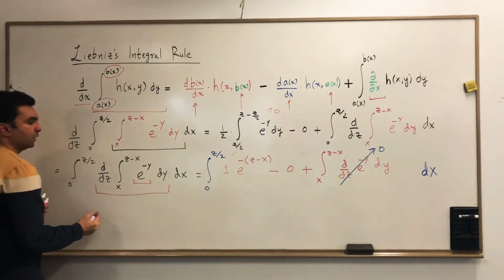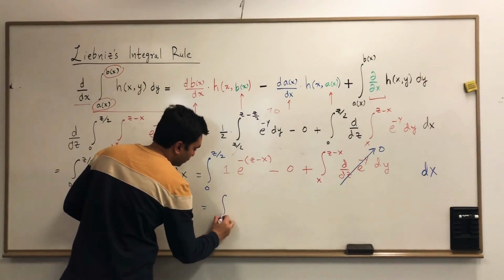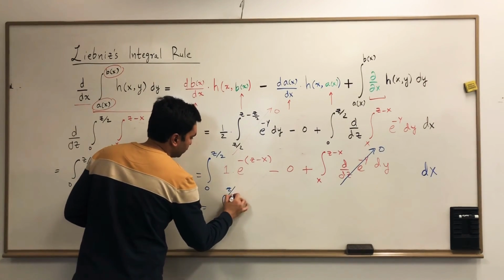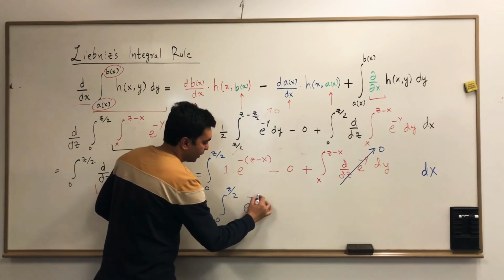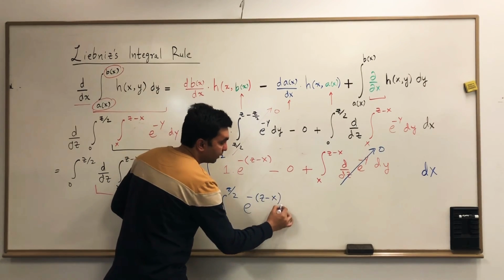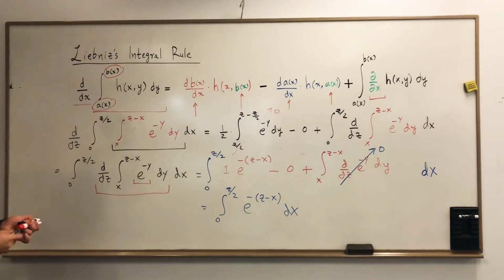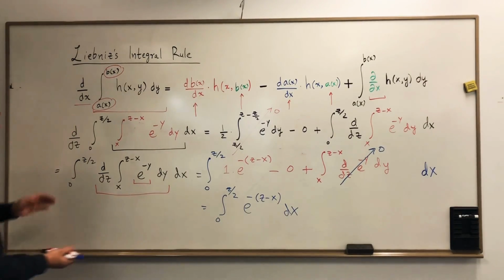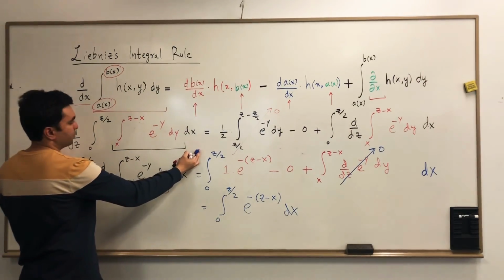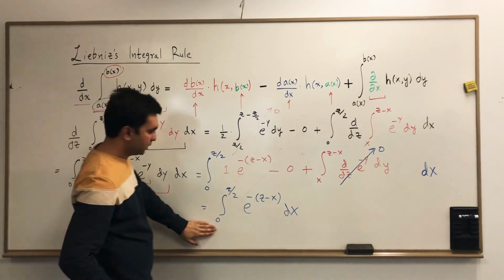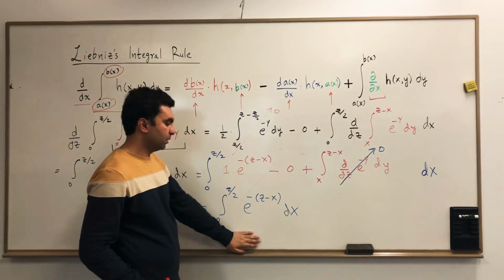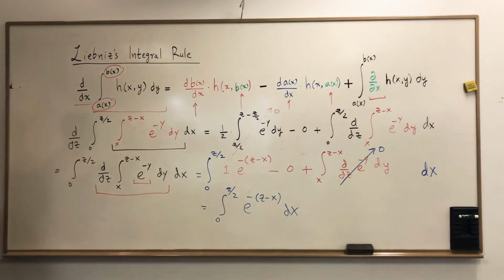So this integral just reduces to 0 to z over 2 e to the negative z minus x dx. So notice that this has just reduced to computing this much simpler integral, and that is where the power of Leibniz's integral rule lies.